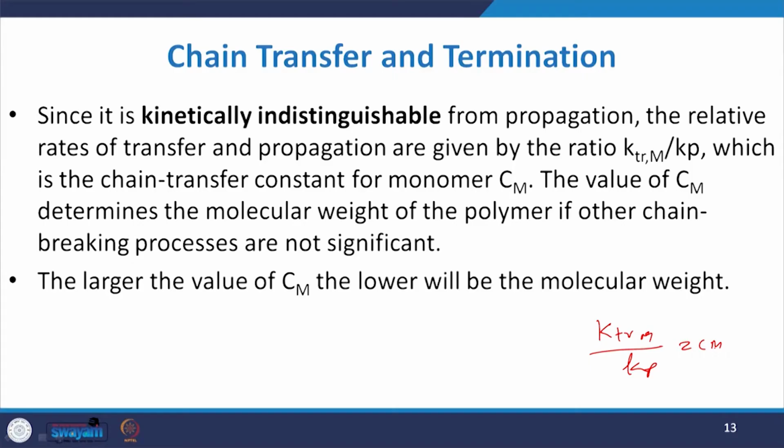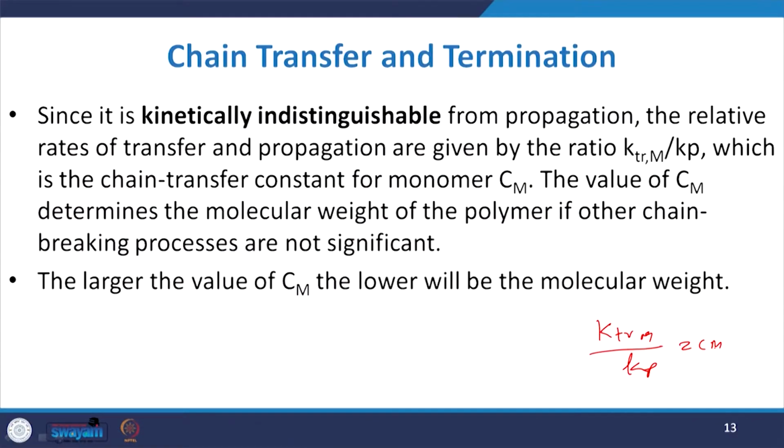Now chain transfer to monomer is on much more favorable terms with propagation in many cationic polymerizations compared to radical polymerization. Since it is kinetically indistinguishable from propagation, the relative rate of transfer and propagation is usually given by the ratio k_tr,M upon k_p, which is the chain transfer constant for monomer, C_M.